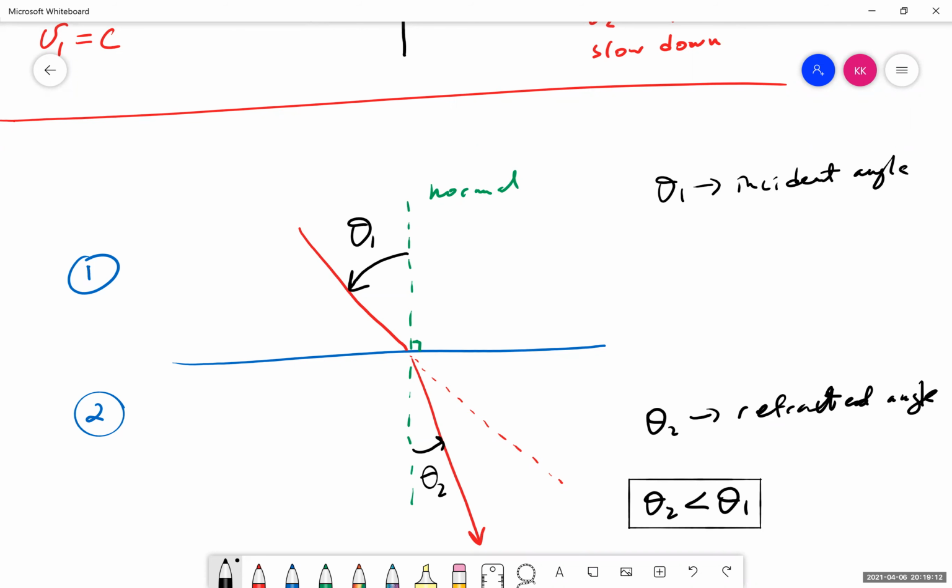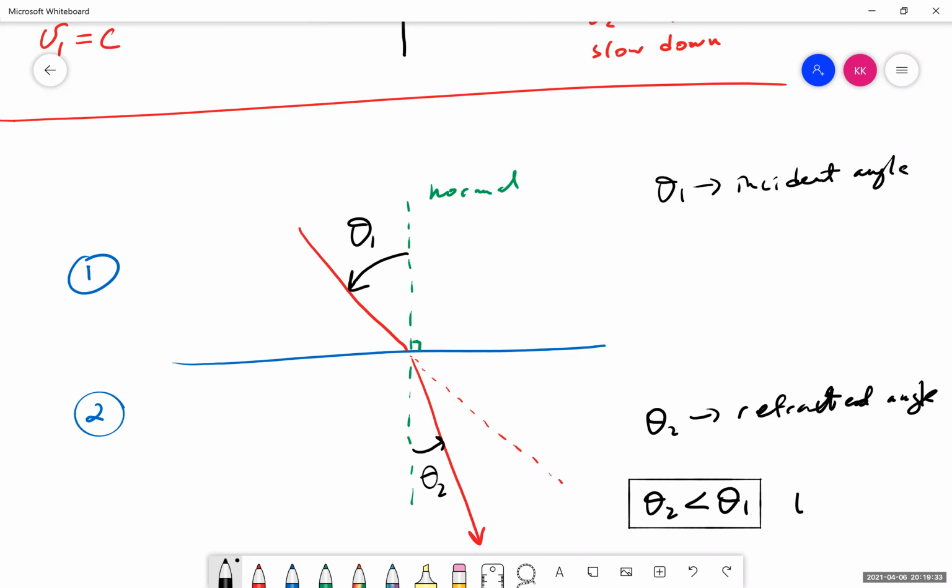That means whenever you observe that the refracted light has a smaller angle than the incident angle, you can always assume that it goes into a more dense material.